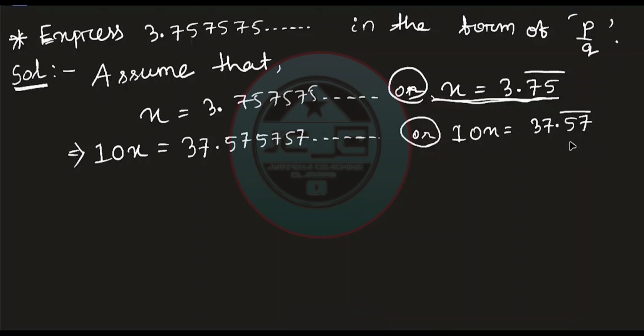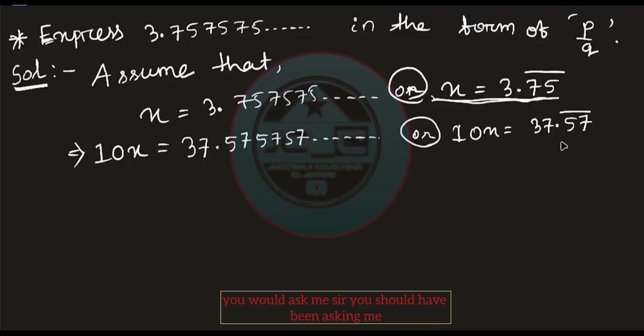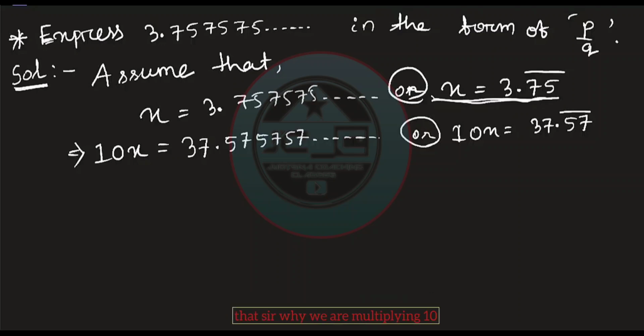There would be a doubt in your mind: sir, why are we multiplying by 10 in both sides of the equation? Because we need to have exactly the same decimal digits in these numbers.